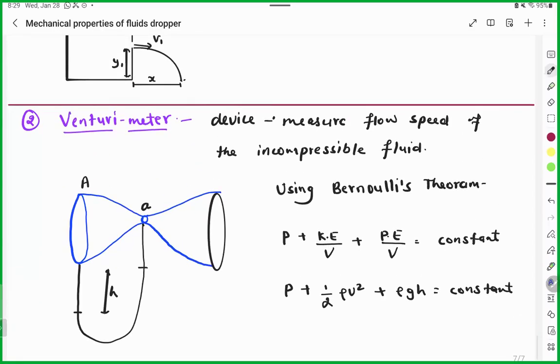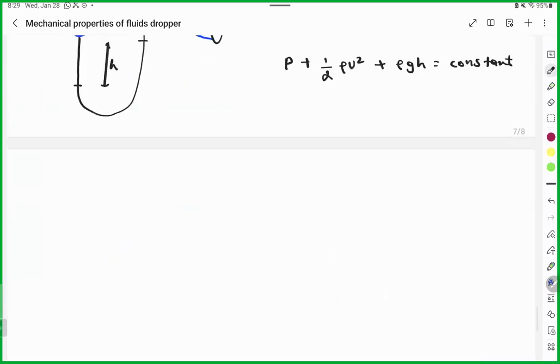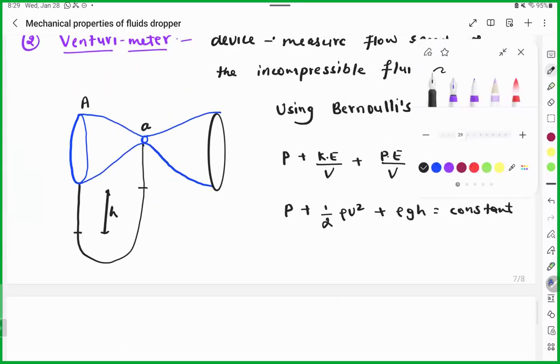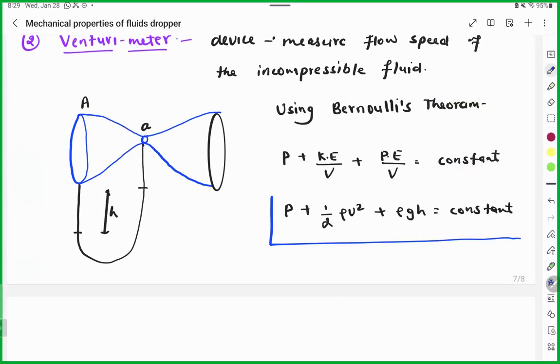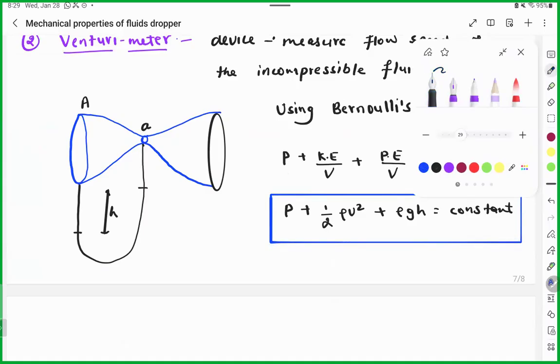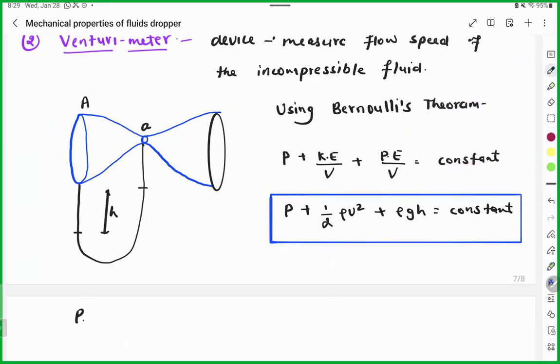So what we are doing here, if this is the real equation, guys, then in this way you can write P1 plus half rho V1 square plus rho gh1 is equal to P2 plus half rho V2 square plus rho gh2.